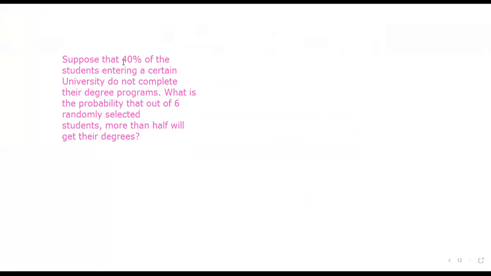So suppose that 40% of the students entering a certain university do not complete their degree program. What's the probability that out of 6 randomly selected students, more than half get their degrees? The key thing is a contrast here. Here is getting their degree, here is not getting. So the probability of getting a degree is 60%, because the probability of not getting a degree is 40%.